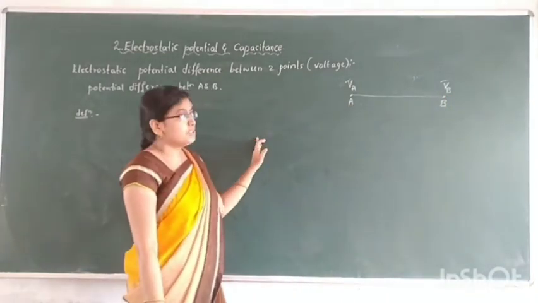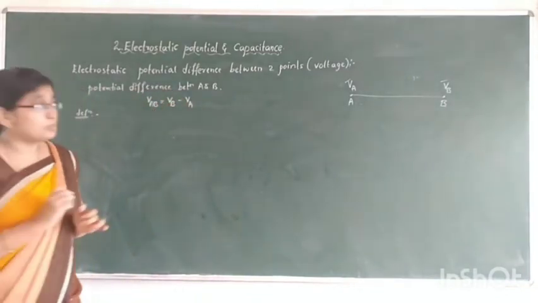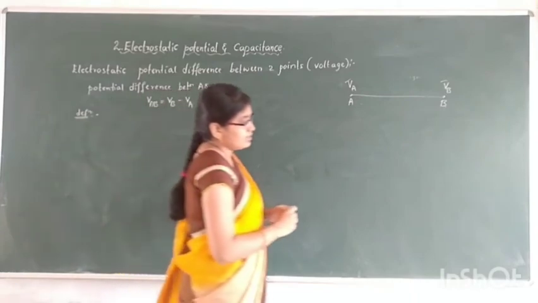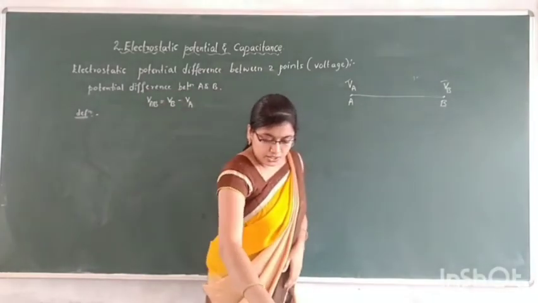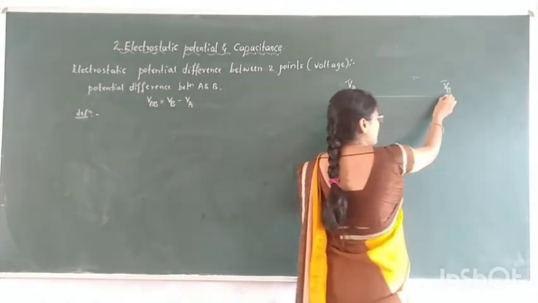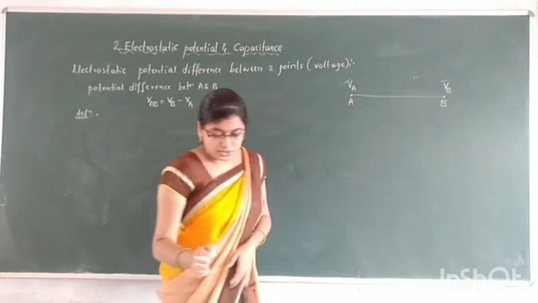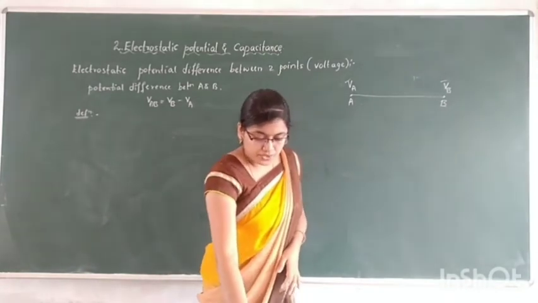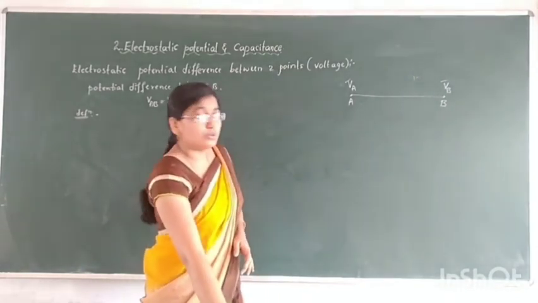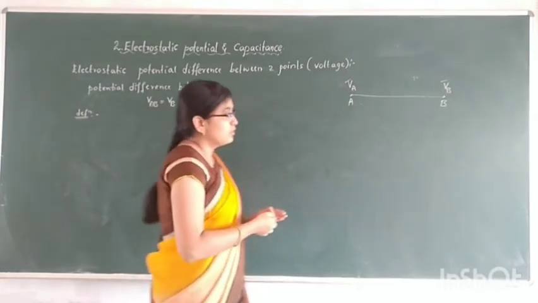The electrostatic potential difference between 2 points is defined as the work done in carrying a unit positive charge from one point to another point against the electrostatic force without any acceleration.